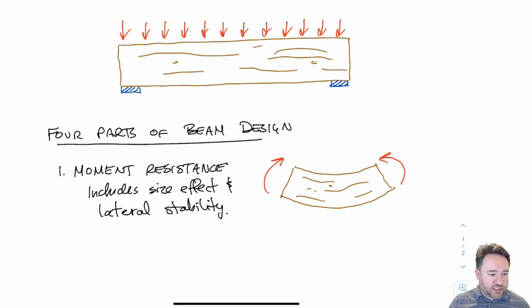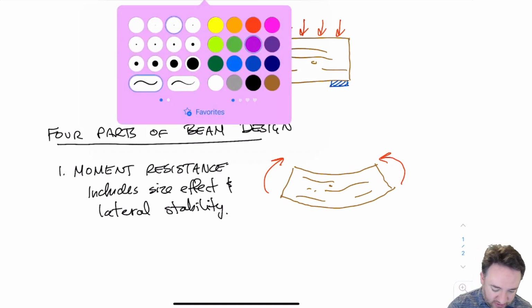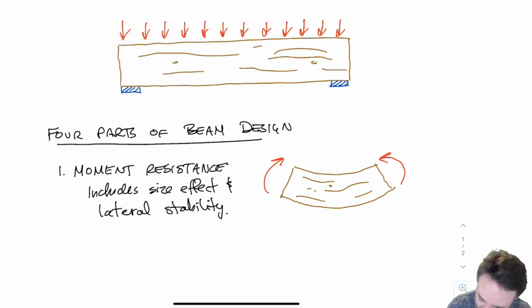Usually we have moment combined with shear, so we'll have some shear as well at the same time, and we're going to talk about that in a minute. But if we're just talking about moment, we are looking at tension on the bottom, and we have compression at the top.